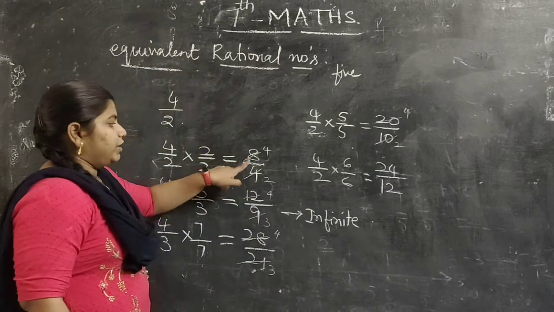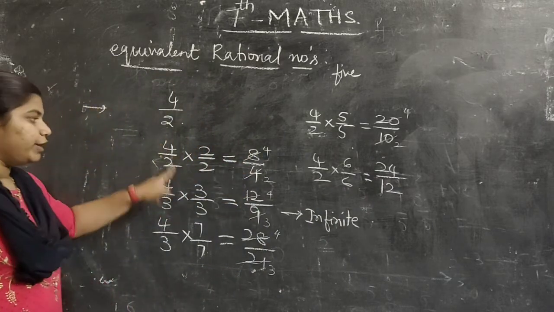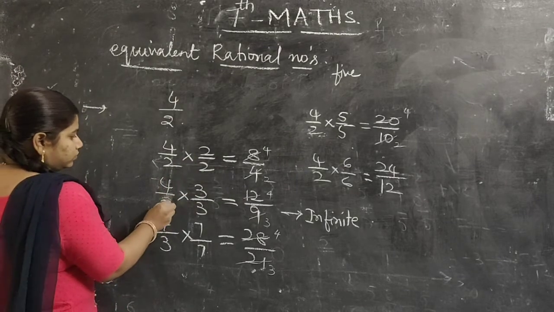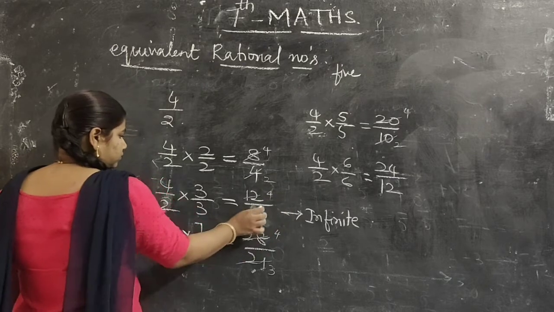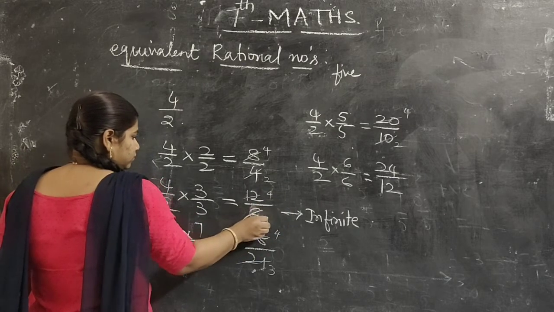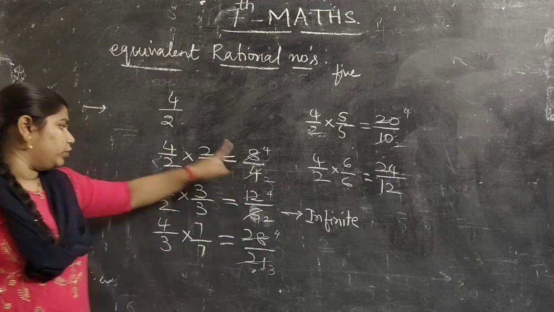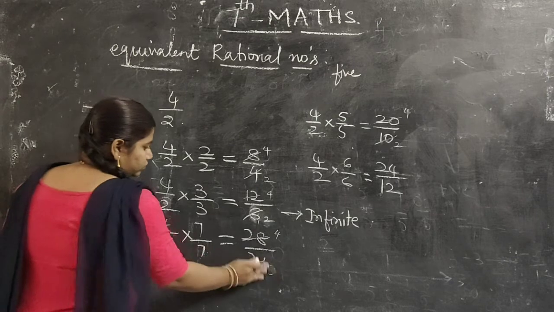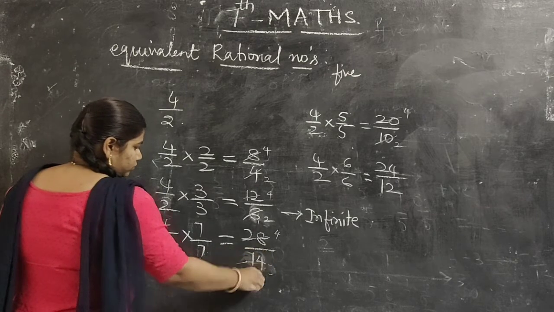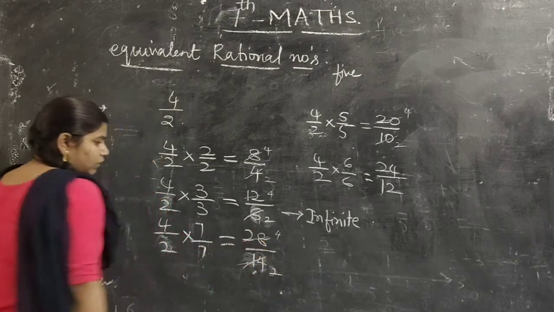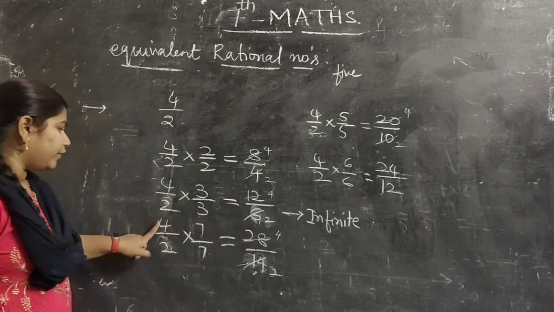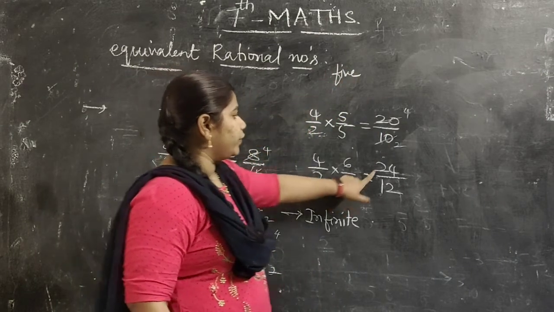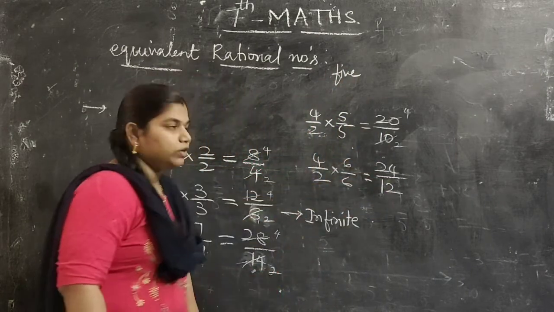So we can say 8 by 4 is also an equivalent fraction for 4 by 2. 12 by 6 is also an equivalent fraction for this 4 by 2. And 28 by 14 is also an equivalent fraction for this 4 by 2. 20 by 10 is also an equivalent fraction for 4 by 2, and 24 by 12 is also an equivalent fraction for 4 by 2.